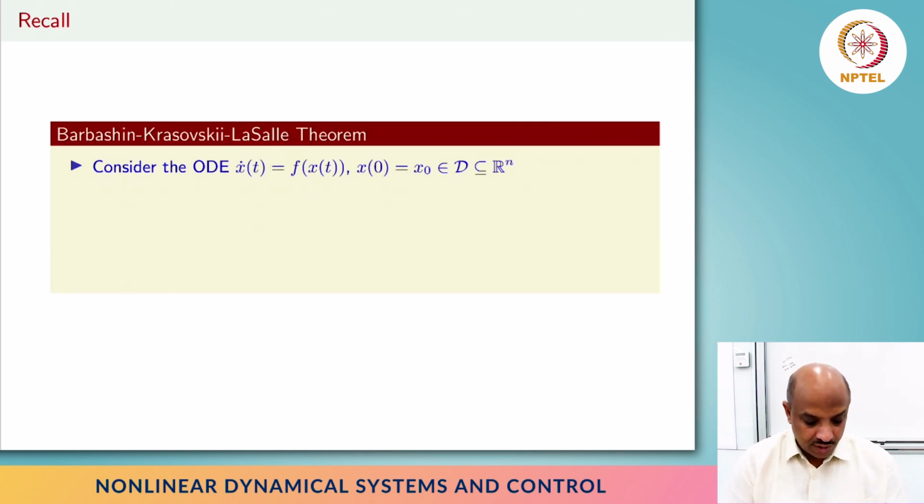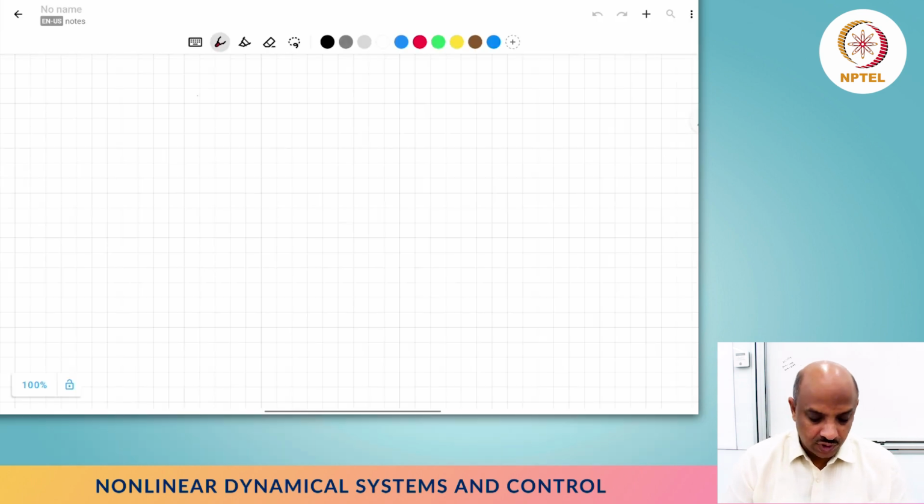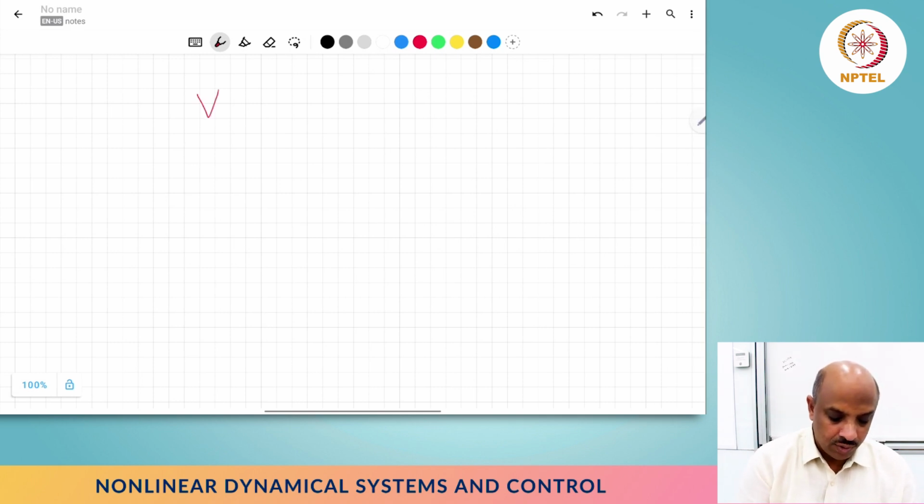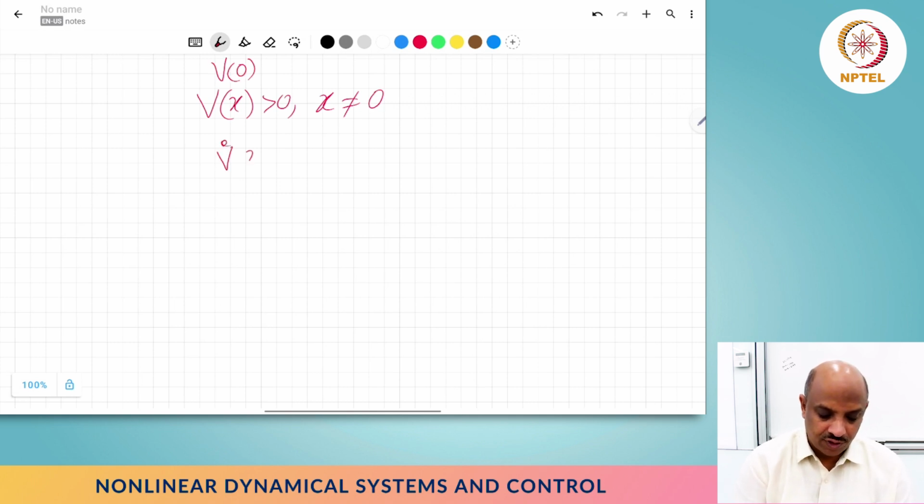Before I start the actual formal statement of the result, I want us to understand. So we do have V, which is positive definite. Okay, and then of course we have V dot of x less than or equal to 0, and this implies Lyapunov stability.